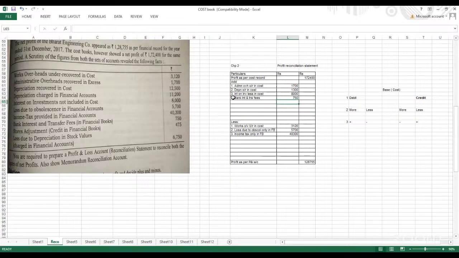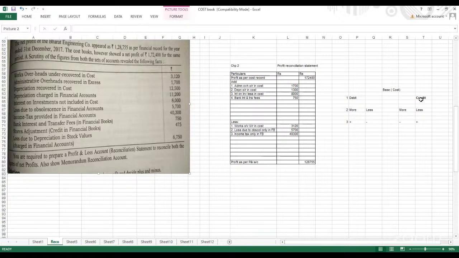Then stores adjustment. This item may come. Like store adjustment, because you have never studied this. Okay, this is adjustments in stores. Goods go up and down, right? It's the adjustment of that. Okay, so they will mention whether it's a credit or debit and in which books. They will mention everything. So if this item comes, it will be the simplest one. They have mentioned it's credit in financial books only.